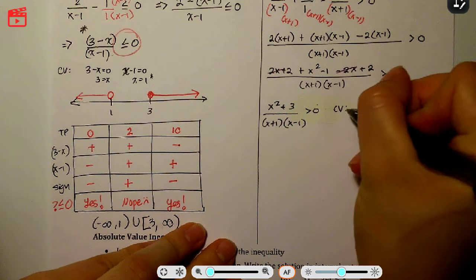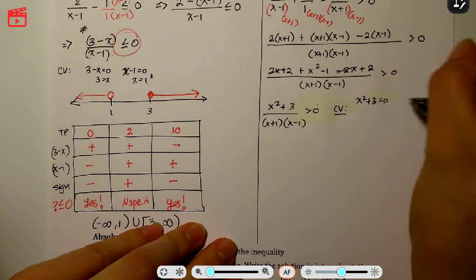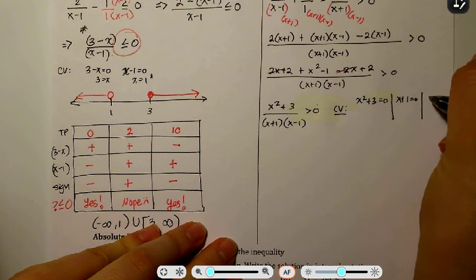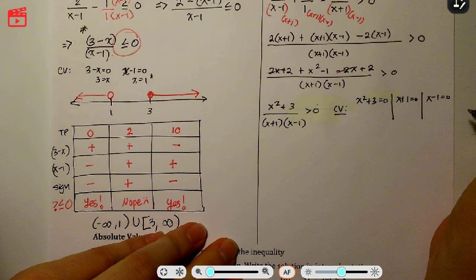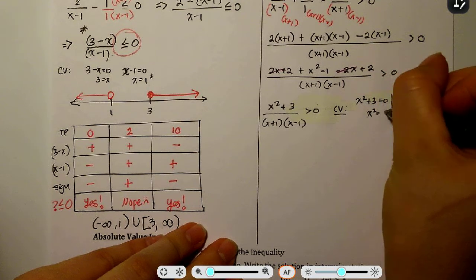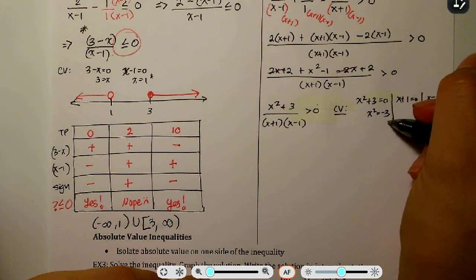Okay, my critical values. So x squared plus 3, set that to 0. x plus 1, set that to 0. And x minus 1, set that to 0. Solving, x squared equals negative 3. That's not going to have a solution.